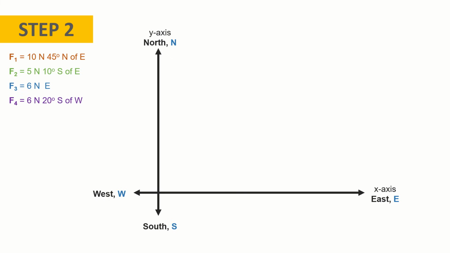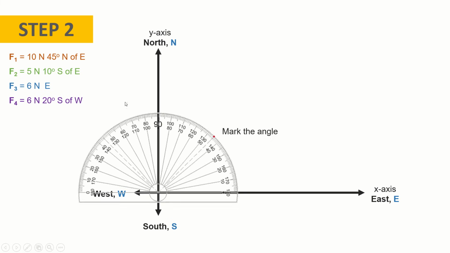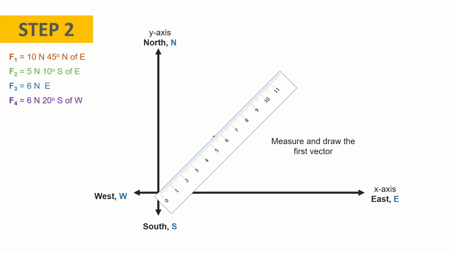So let us first draw force vector number 1, which is 10 newtons 45 degrees north of east. Since it is at an angle, we need to measure the angle first so that we will be guided when we are measuring the magnitude. So first, mark the angle. We have here the 45 degrees. We'll use this as a reference for sketching the 10 newtons of force.